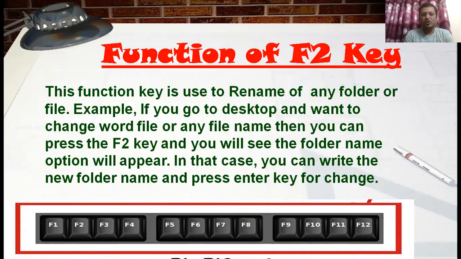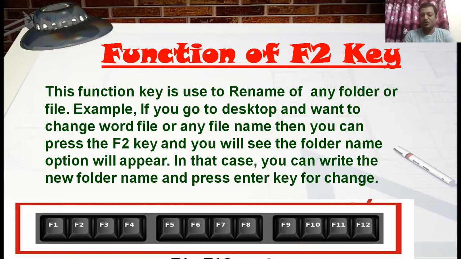Now I want to talk about functional key number 2. This functional key is very useful for us. If you want to rename any folder, at that time you will press the F2 button, and in front of you the folder name will change to an editable option. So easily you can change it, and you can give another name to your folder.